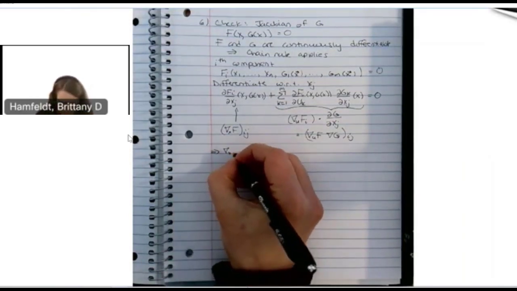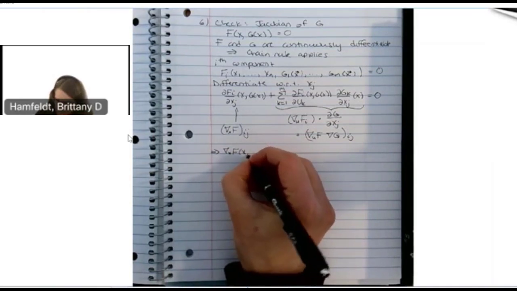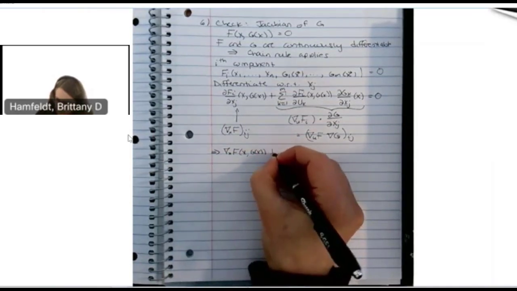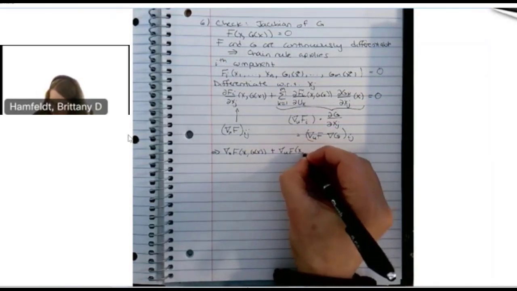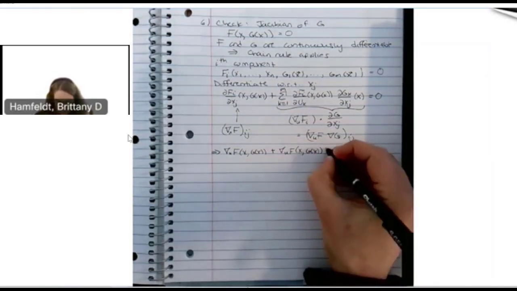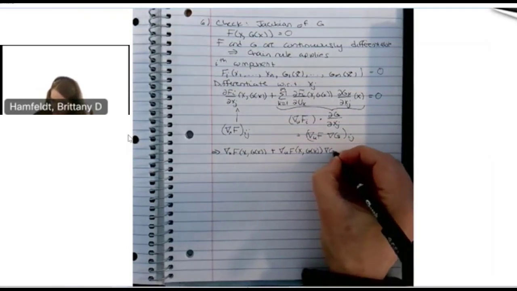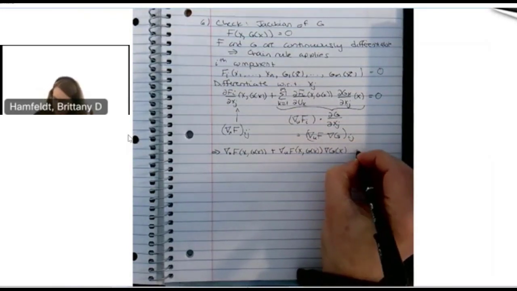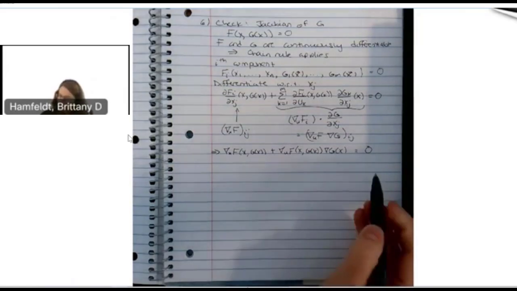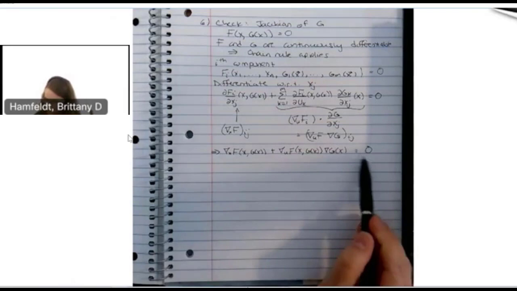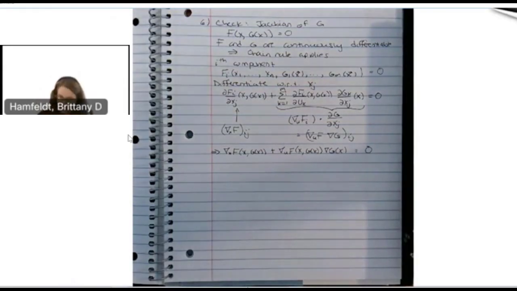The x Jacobian of f plus the u Jacobian of f, evaluated at the place we want, times the Jacobian of g is equal to 0. These are all matrices, so this is also a matrix, the 0 matrix.